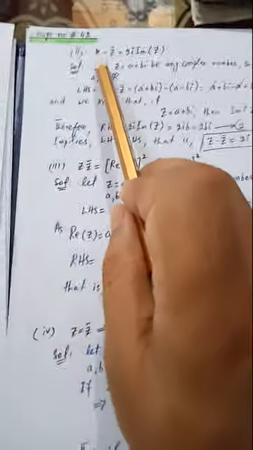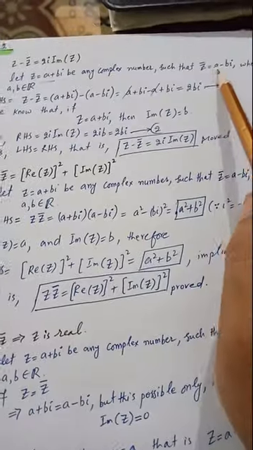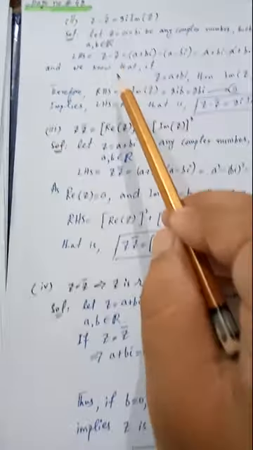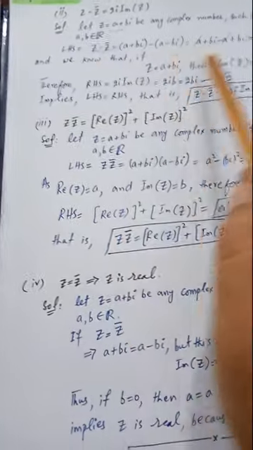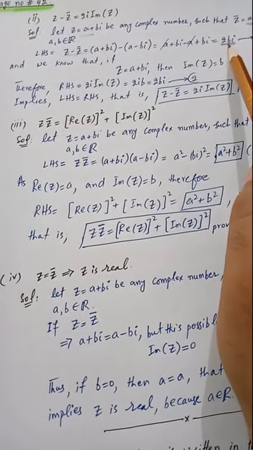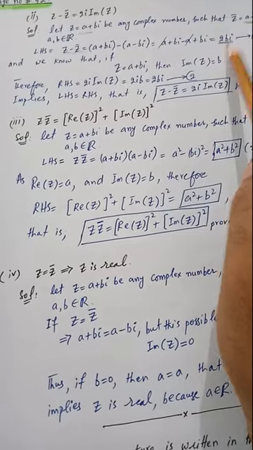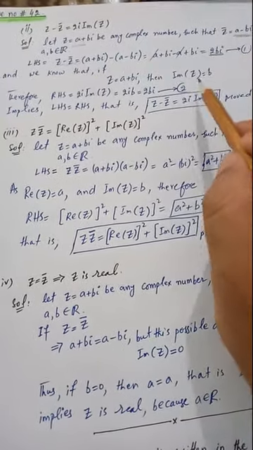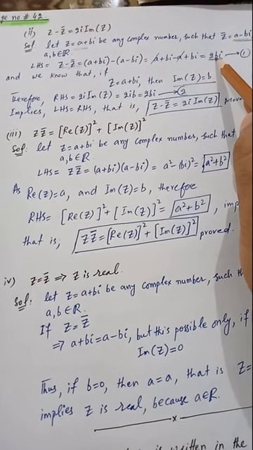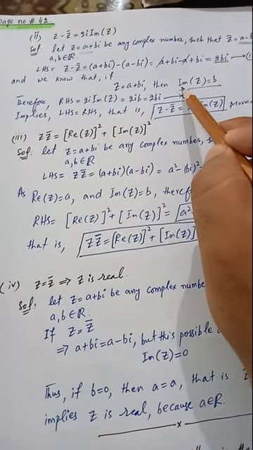Similarly, if z is equal to a + bi and this is the z bar, then subtract z bar from z. So you will get 2bi. But we know that b is the imaginary part. So just replace this b by Im(z), because the imaginary part is denoted by Im(z).